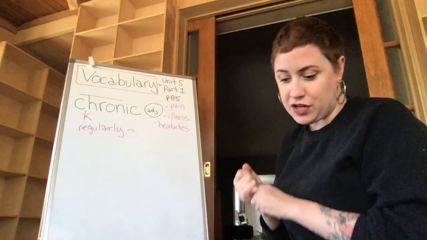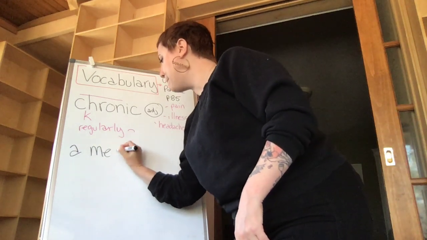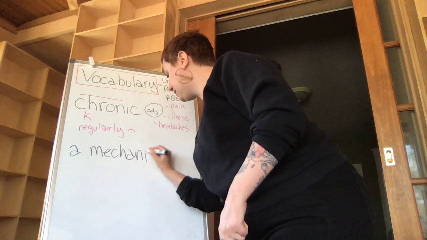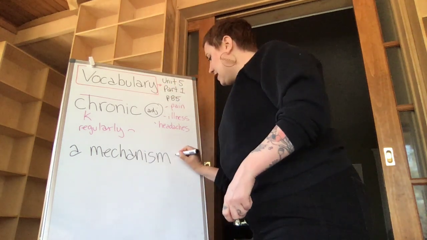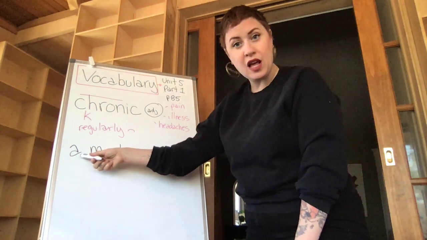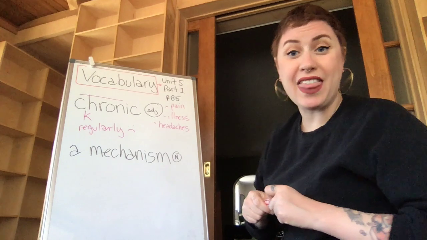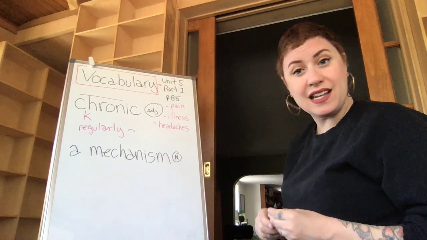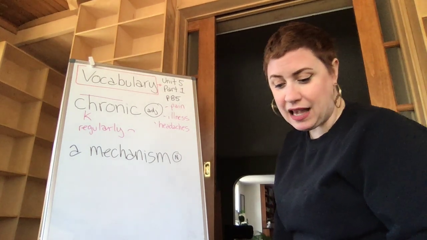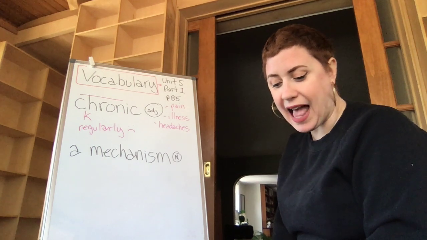The second word we have here is a mechanism. And this is a noun. And you can tell it's a noun because we use an article. So we use articles before nouns, so it's a thing. So a mechanism in our book in B, it says having a baby is stressful both emotionally and physically.